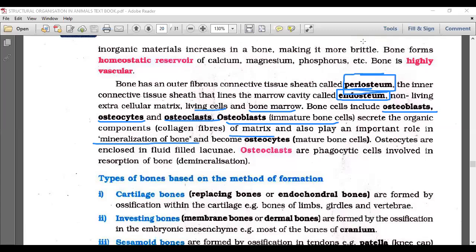When they become inactive, we call them osteocytes. Osteocytes are enclosed in fluid-filled lacunae. Osteoclasts are phagocytic cells involved in the resorption of bone. This is just an introduction; I'll show you everything later.